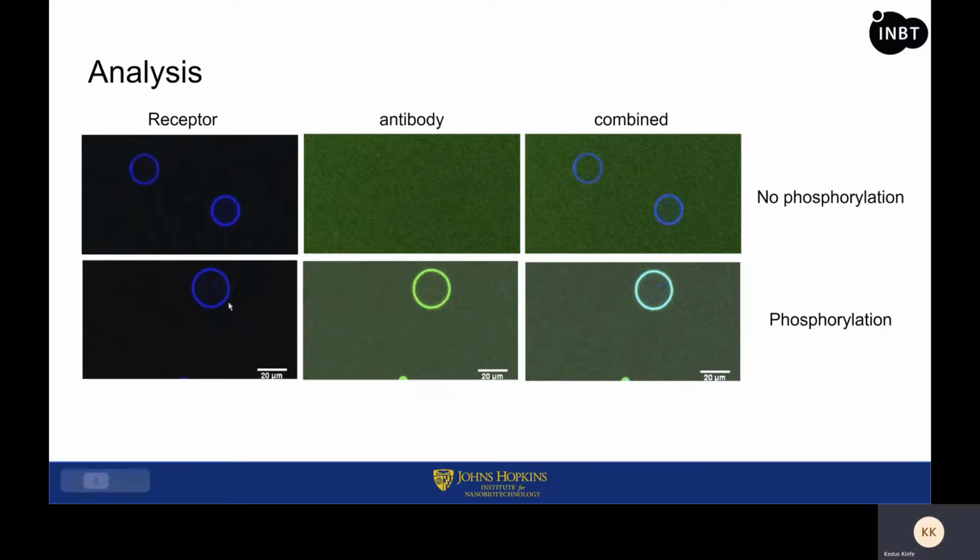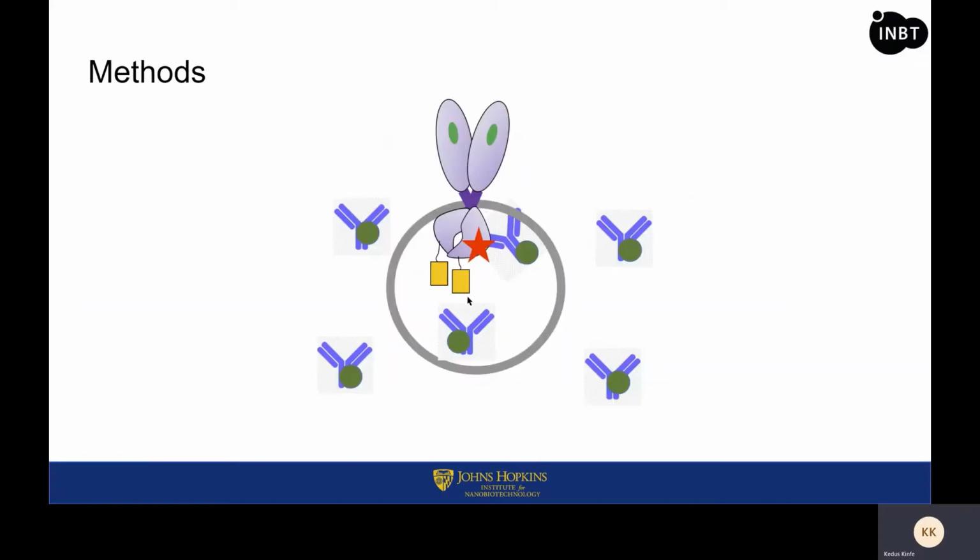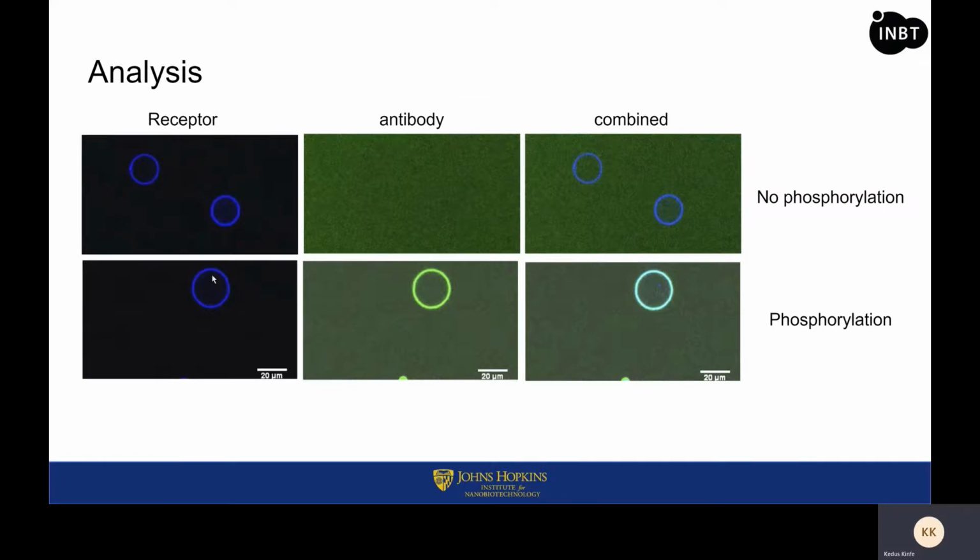So we're looking for the fluorescent protein that are tagged to the receptors, the ones that are right here. And as we can see, the receptors are pretty evenly distributed, and we can tell the location of the cell membrane. Now, if these receptors are truly phosphorylated, we would expect to see a high concentration of antibody along the membrane as they are attached to the tyrosine kinase domain, correct?